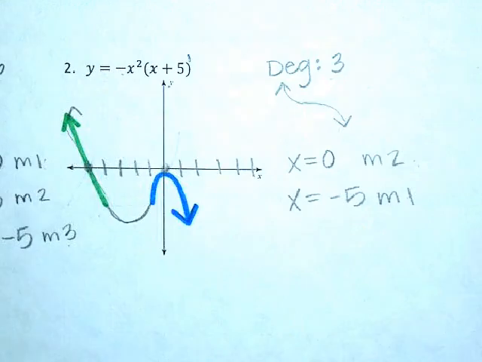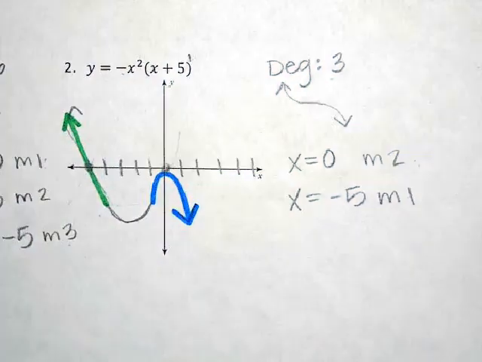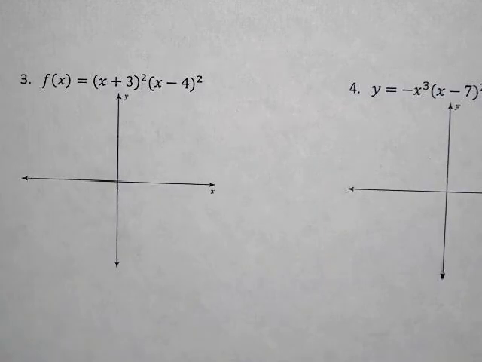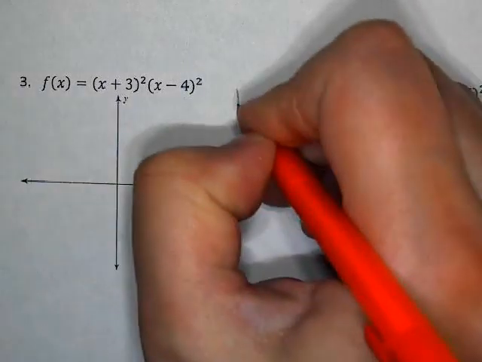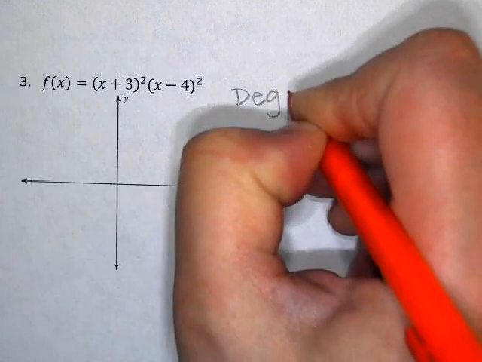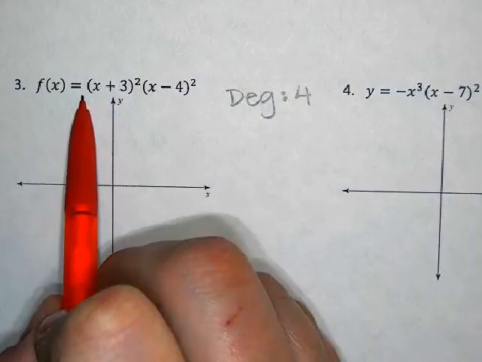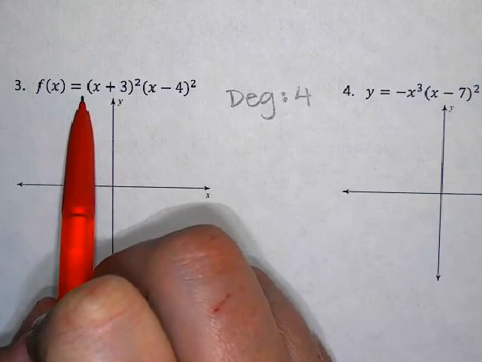What's the degree for number 3? 4. The degree is 4. Okay. Is this graph positive or negative? Positive. It does not have a negative in the front, so it's positive. Okay.